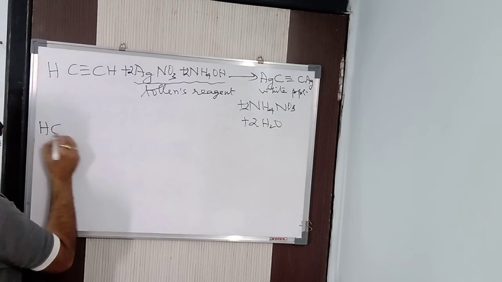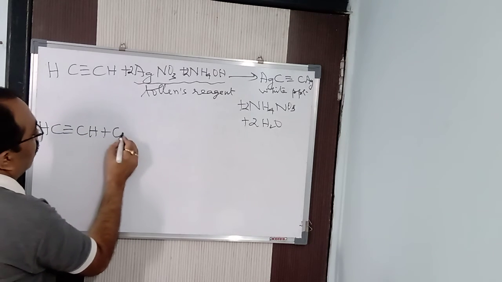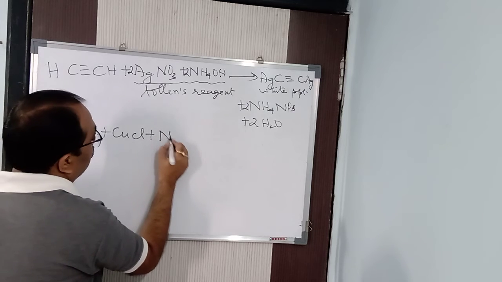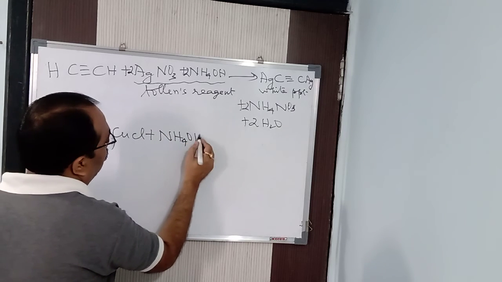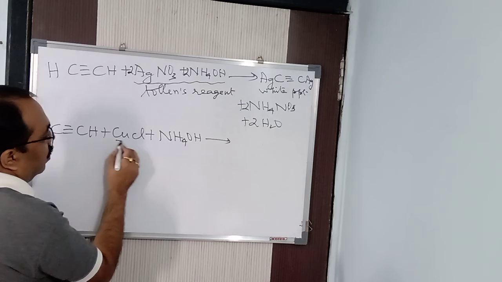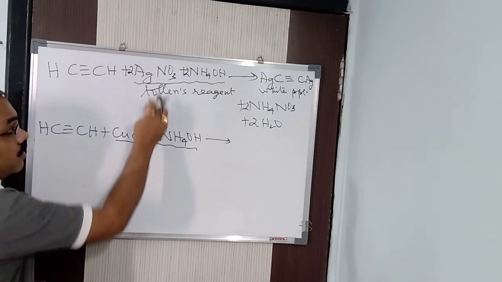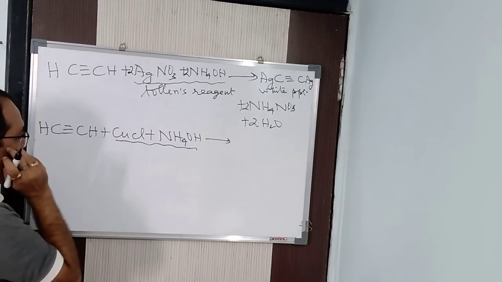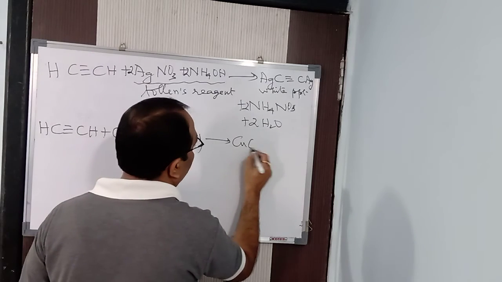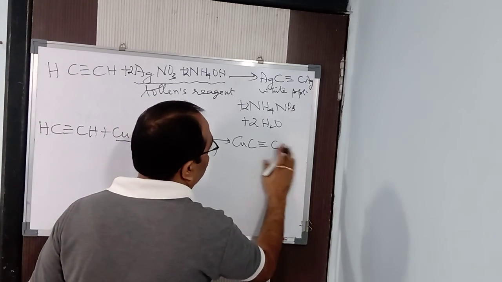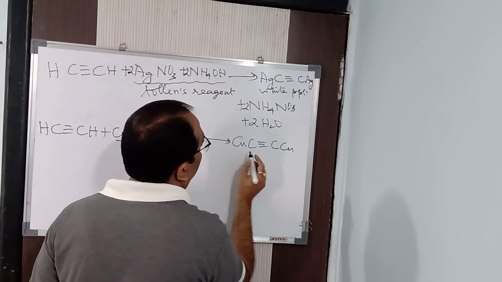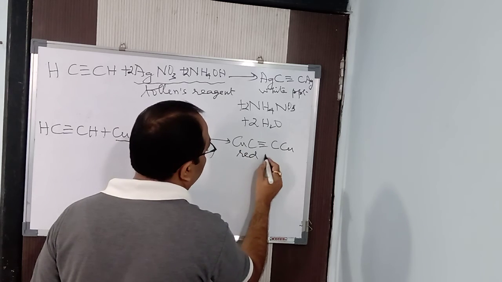Another, we can write the reaction HC triple bond CH plus CuCl plus NH4OH, ammoniacal cuprous chloride solution. This is silver nitrate, this is cuprous chloride. So what will be happening here? CuC triple bond CCu, which is called red PPT or reddish brown PPT.